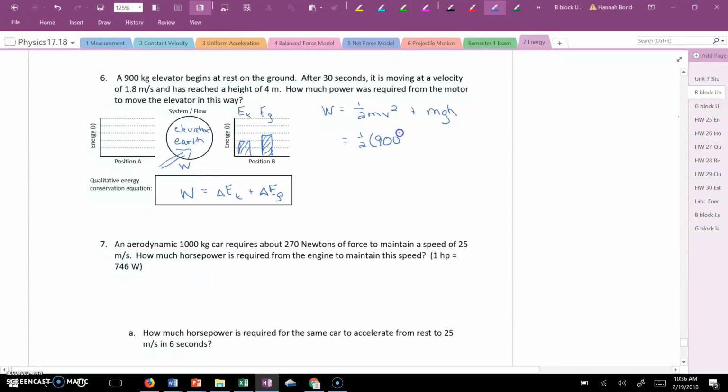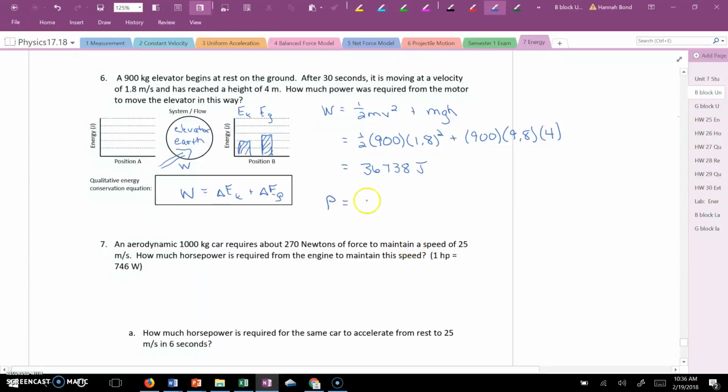And they gave me the mass in kilograms and the velocity in meters per second. And they gave me the height in meters. Everything is standard units. So if I calculate the work that was done, I get 36,738 joules.